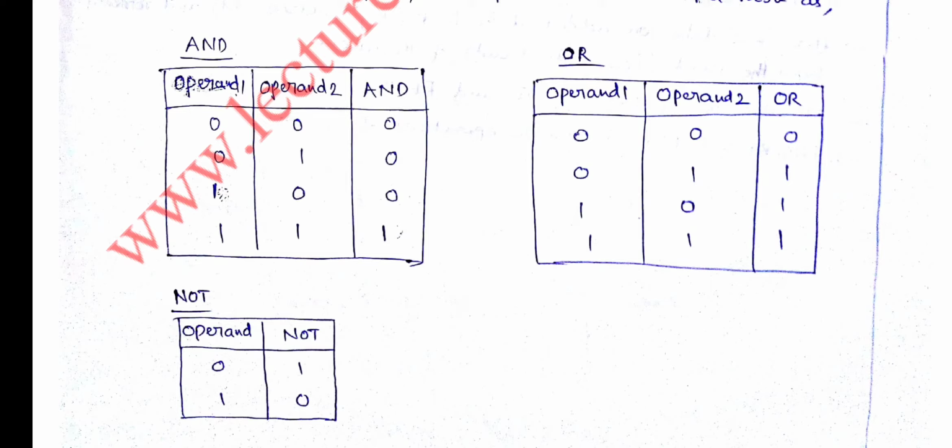But OR gives you either, means any one of the operands is true, then it is true. And NOT means opposite. 0 means 1, 1 means 0. So I hope these are the basic tables in our DLD subject, right? There is no need to give more explanation on the AND, OR and NOT tables.